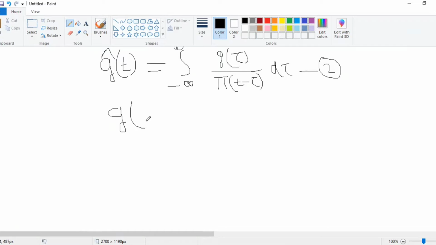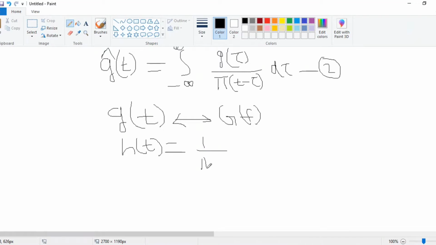Or the third method is finding the Fourier transform. So if the Fourier transform of g of t is g of f, and the Fourier transform of h of t is h of f, you know specifically what h of t should be. h of t should be 1 by pi t, because only this function provides you a 90 degree phase shift.